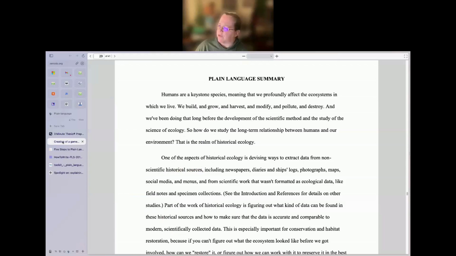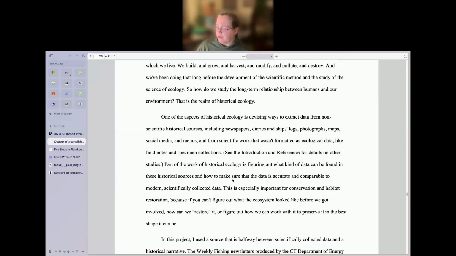Again, I will just go back to mine and just go through how I did this. Now, I didn't structure it, so that's a defect in mine, but I was writing it as a chapter. Why is it important? What is it that I'm doing? I'm doing historical ecology. What is that? What does that do?